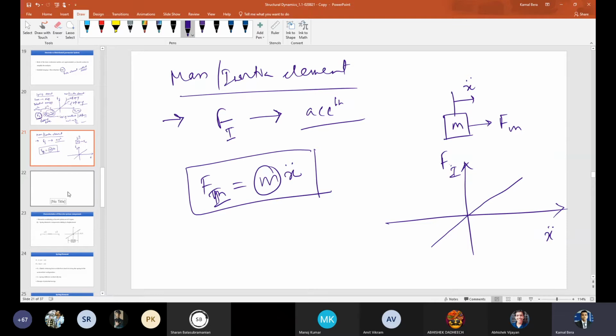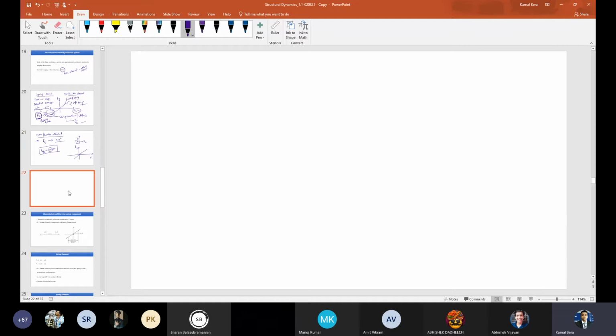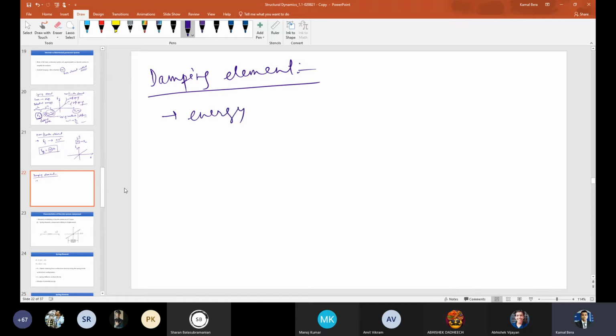Now the third is the damping element. As I told, it represents the energy dissipation mechanism. Somehow the energy is getting dissipated, otherwise how does the system come to rest or its initial configuration?